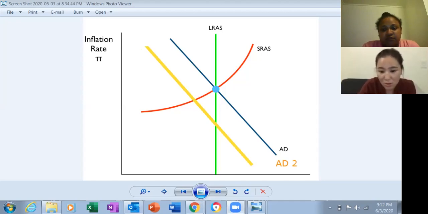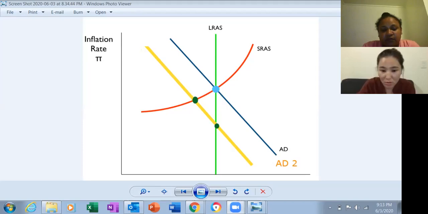This one, equilibrium price will, on the short run, equilibrium price went down a little bit, but in the long run, equilibrium price will be over here, just a little bit.